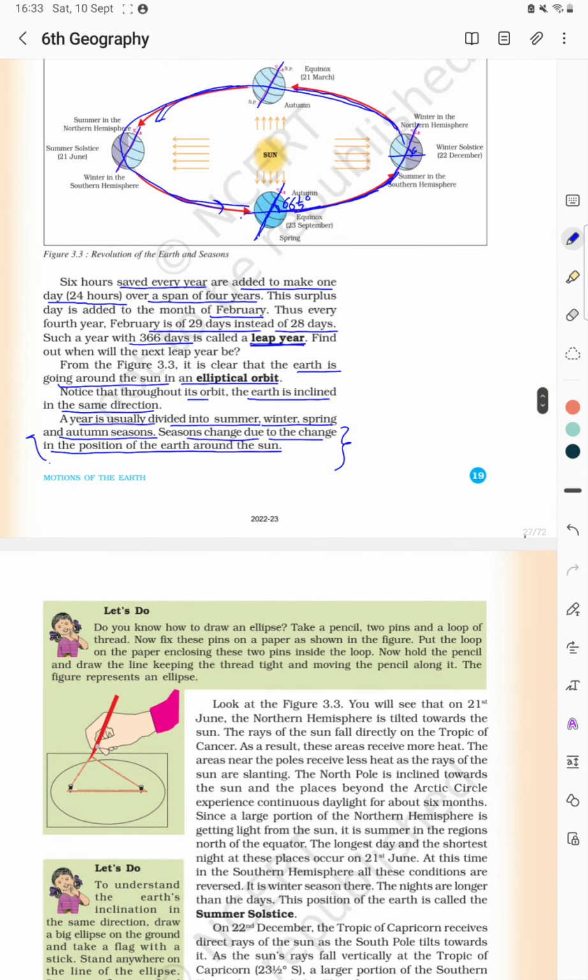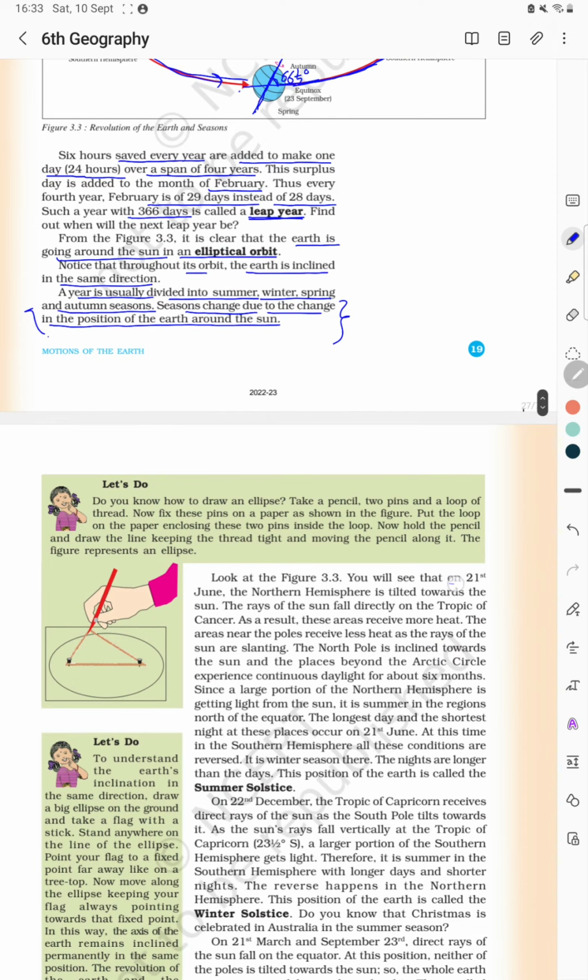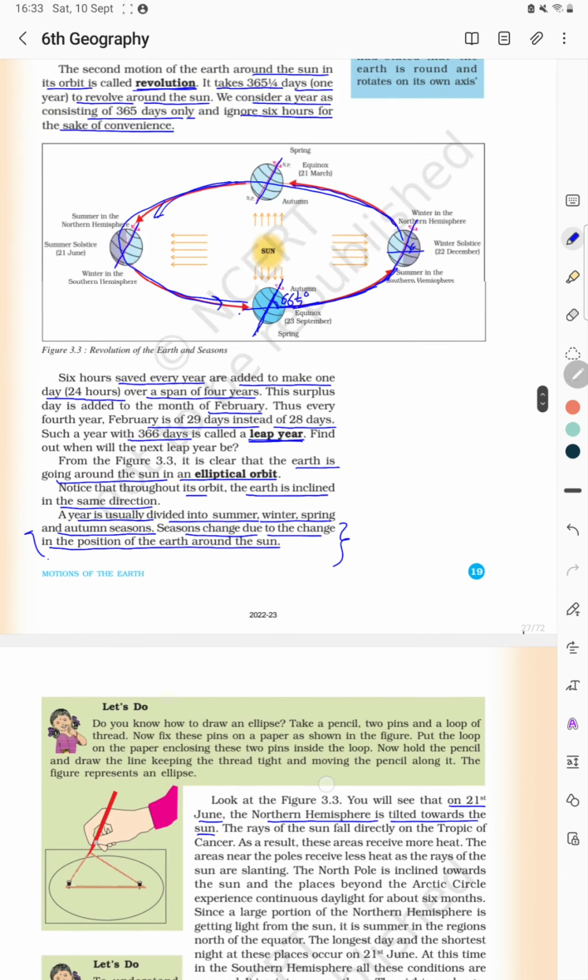So on the 21st June, the northern hemisphere is tilted towards the sun. If we see in this figure, this is 21st June and this northern hemisphere is tilted towards the sun. Okay, the rays of the sun fall directly on the Tropic of Cancer. So this is the Tropic of Cancer, here the sun rays fall directly.